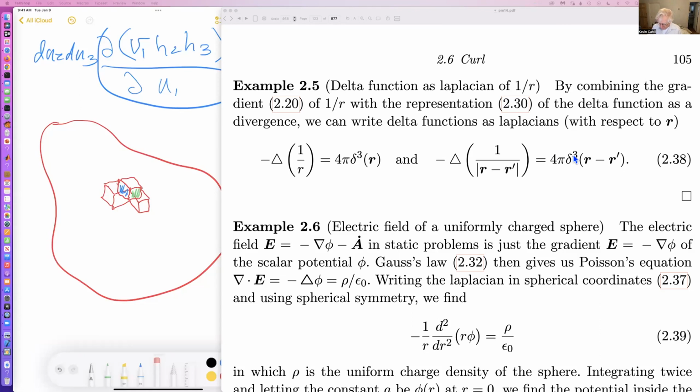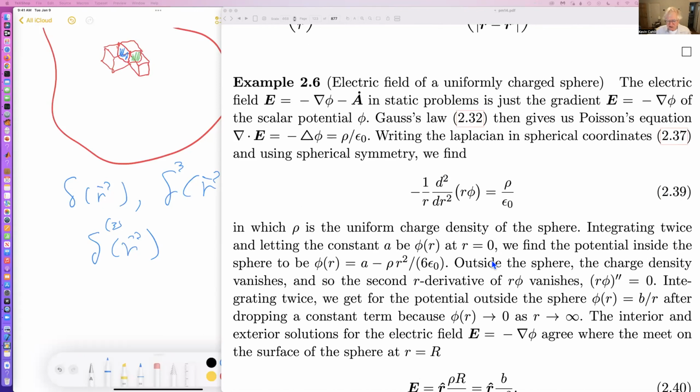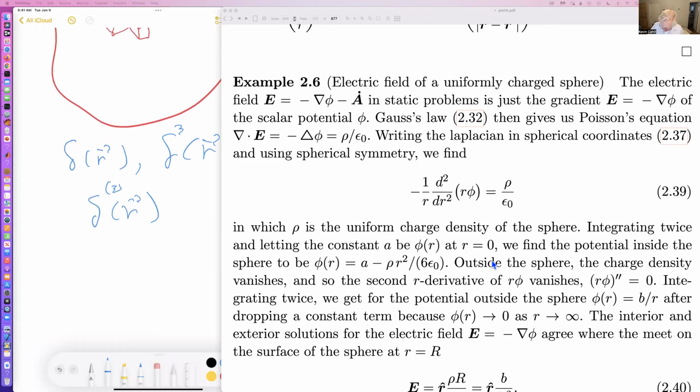Sometimes people just write delta of R. Sometimes people write delta cubed of R. This is if R is a 3 vector. Sometimes people write delta 3 of R. And they all mean the same thing. People want to be really, really clear.